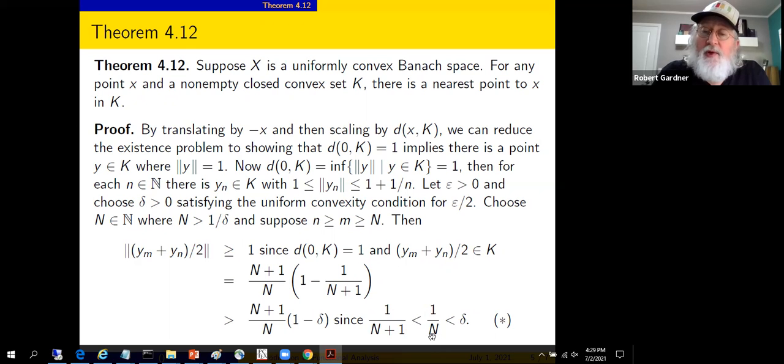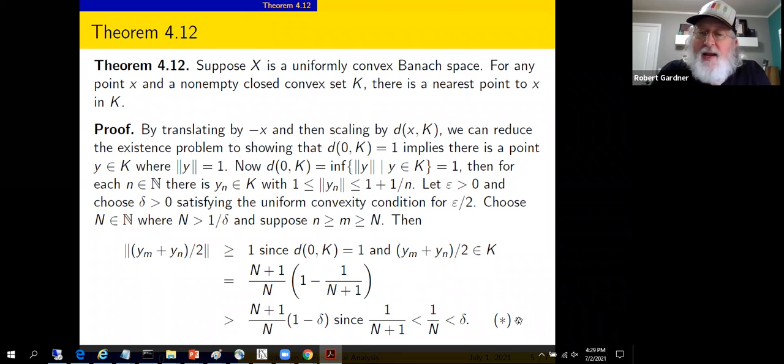And of course, 1 over N is greater than 1 over capital N plus 1. Make the denominator bigger, make the fraction smaller. So this 1 over capital N plus 1, I know that is less than delta. We've got a negative sign in the way, so that'll reverse that less than inequality to give us a greater than, giving us N plus 1 over N times 1 minus delta is less than what we have above.